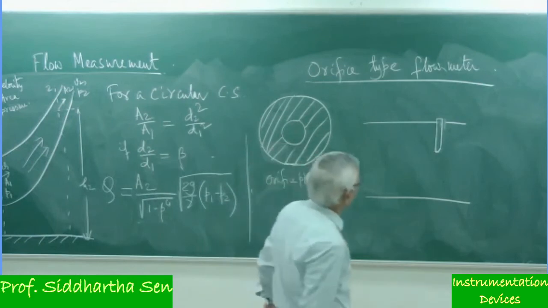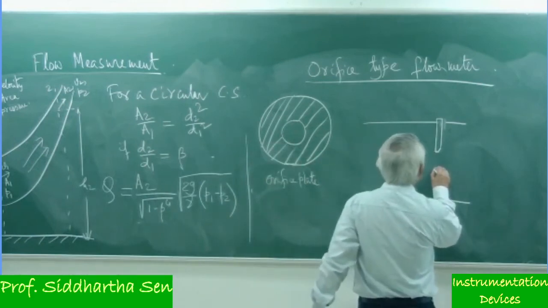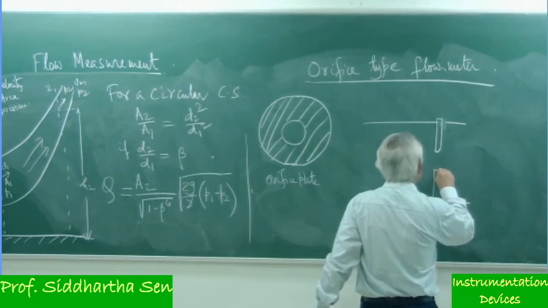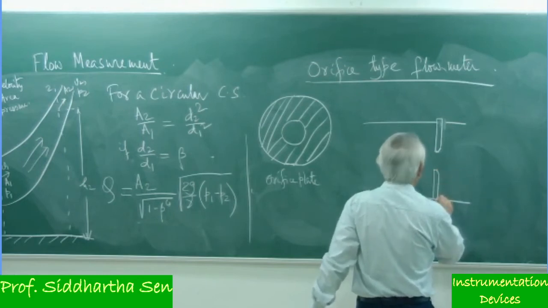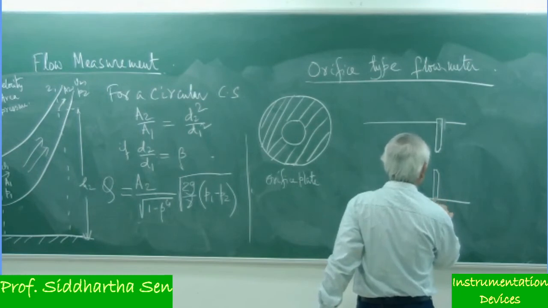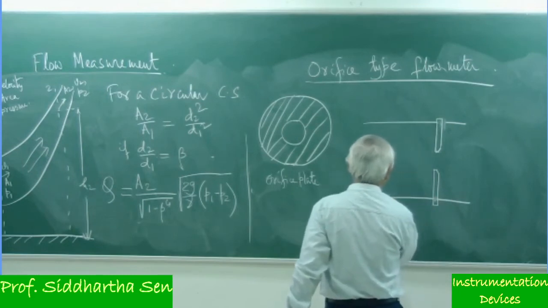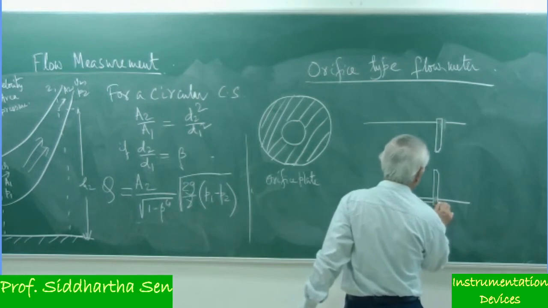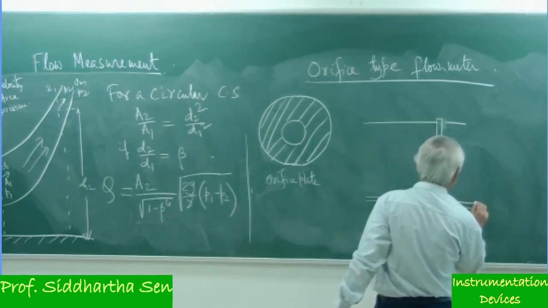Rather, we put some sort of obstruction, and this is known as an orifice plate, if you look at it. So this is a pipeline.